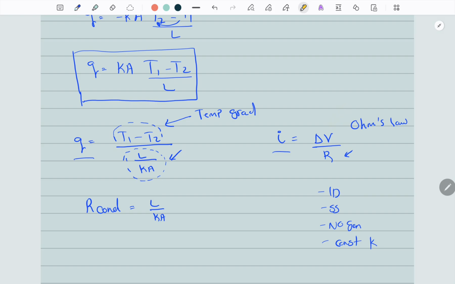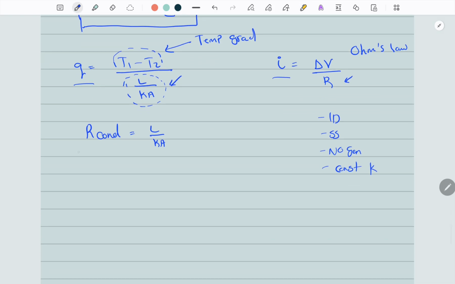Now, the smaller the thermal resistance is, the higher the heat flow. As you can see from the equation, in order to decrease the thermal resistance, you need to increase both the thermal conductivity and the area, which makes sense.